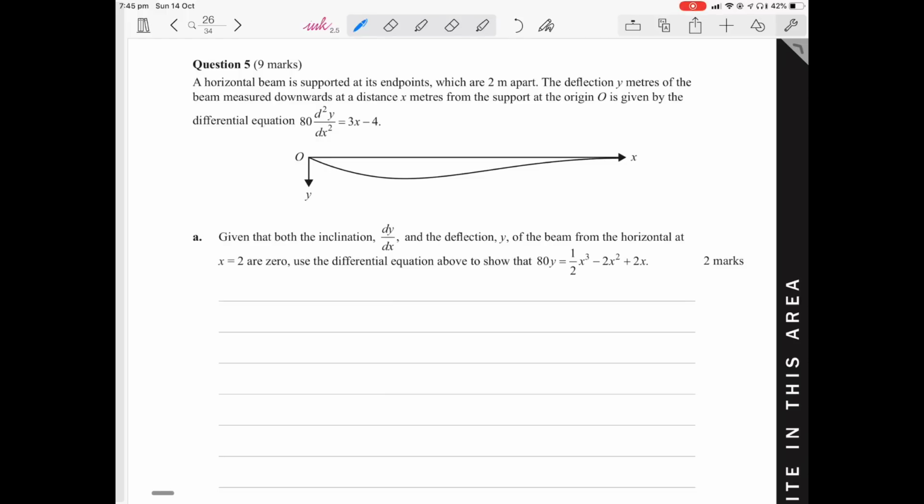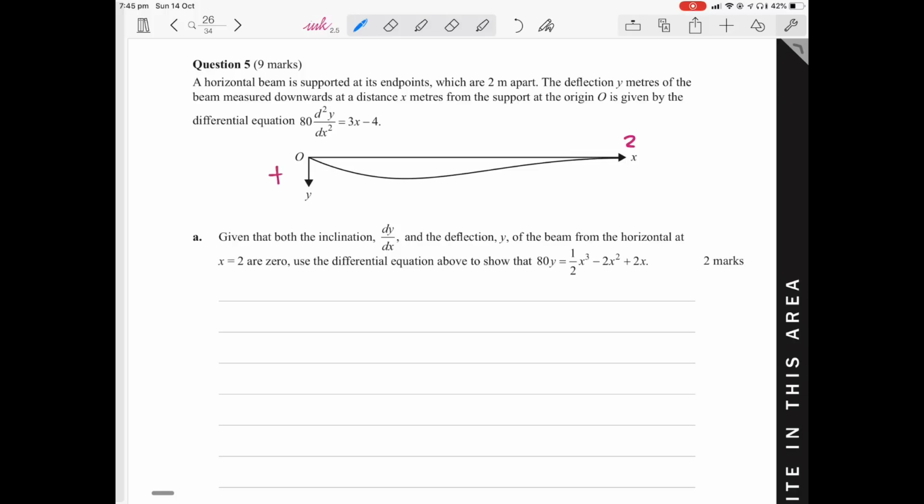Alright, so we've got question 5. I don't know how long this is taking, it feels like it's a long exam. Question 5, we've got a beam here, 2 meters apart, so that's 0, that's 2. The deflection y meters of the beam downwards, distance x meters from the support.